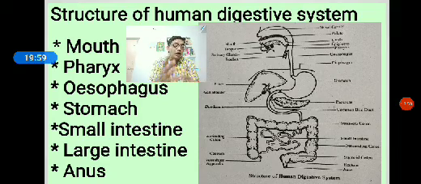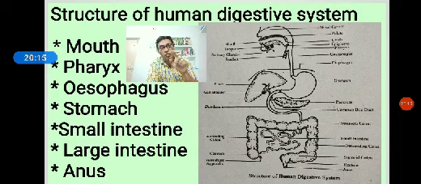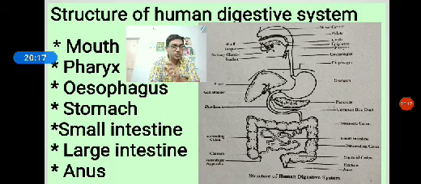Next, the dental formula of the adult normal human being is 2123 divided by 2123. The first two are incisors and one is canine. The remaining two are premolars and finally three is molars. Below that, the same set of teeth we are going to see.